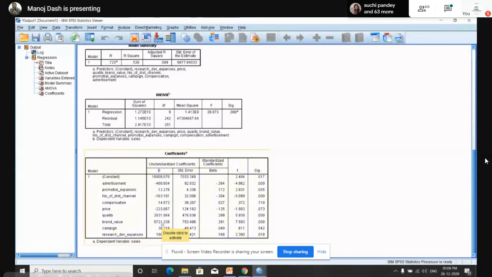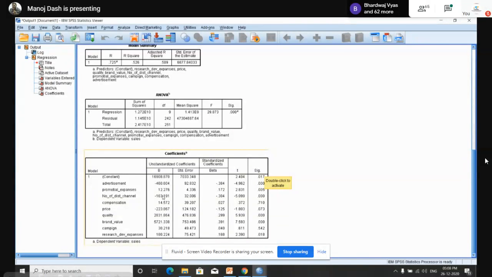Clear? Which is the weakness of that company? Anybody? What is the weakness? Advertisement, distribution channel, and number of channels. It means if you increase 1 unit in the distribution channels, then sales on an average decline 163 times. If you increase one, 163 sales decline, if you increase 2, 2 times of that will decline.